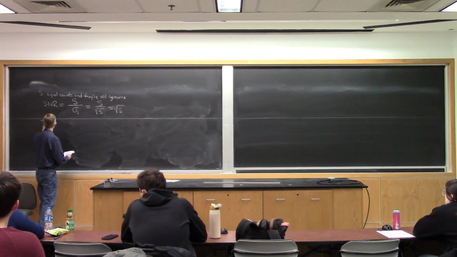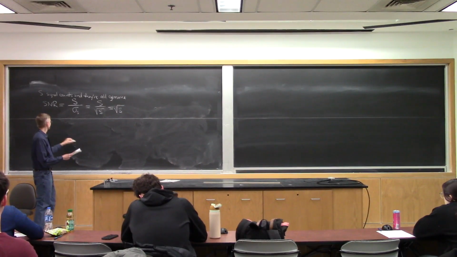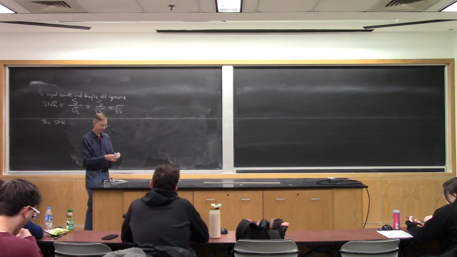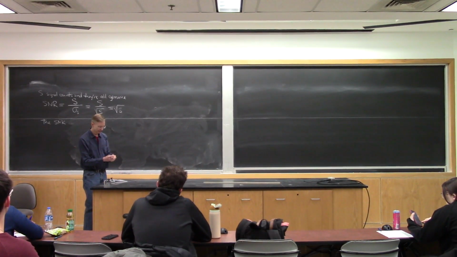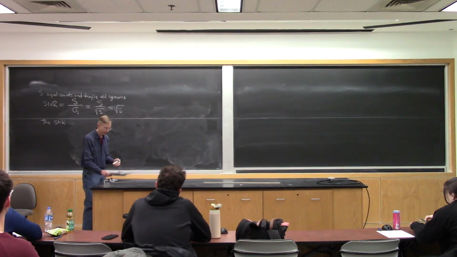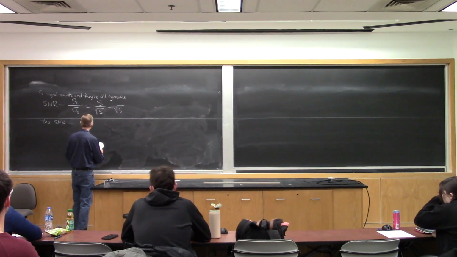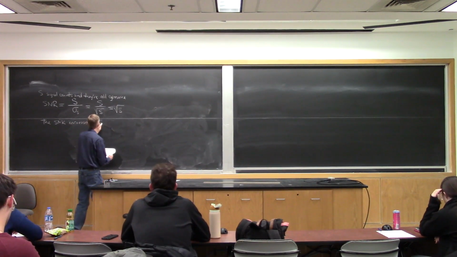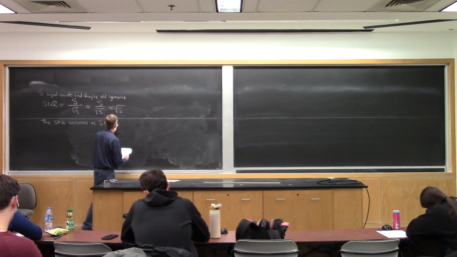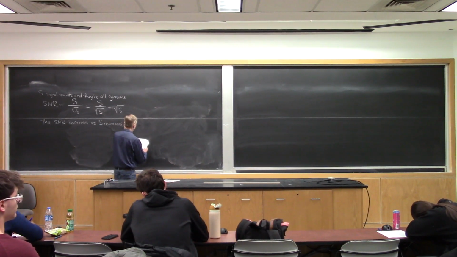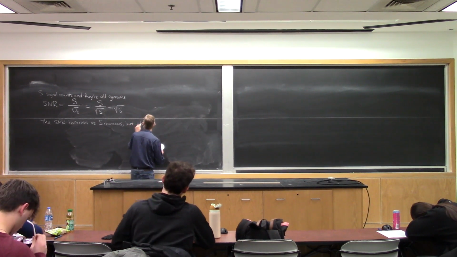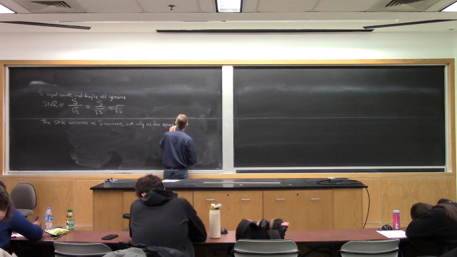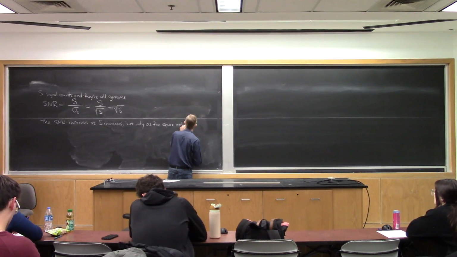So the signal to noise ratio is the square root of the number of counts. And I think we said this last time, but repetition is the key to learning. The SNR, the signal to noise ratio, increases as S increases, but only as the square root of S. That's just the nature of reality for our counting statistics.